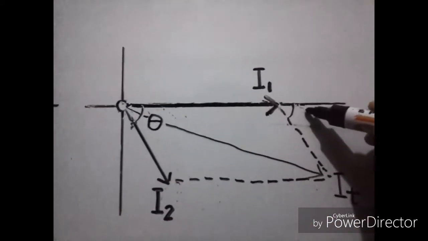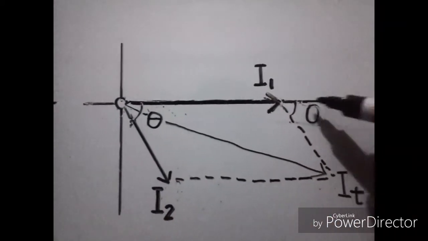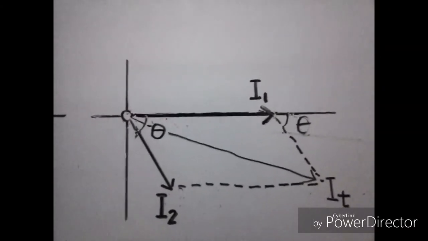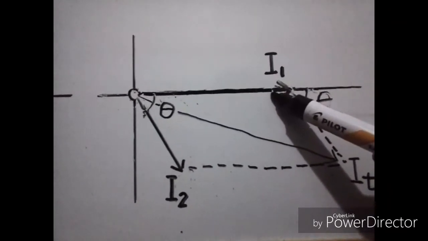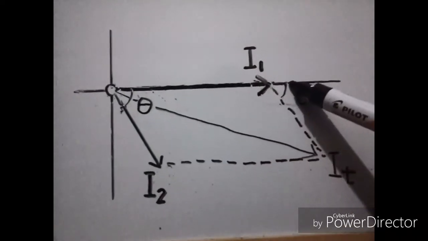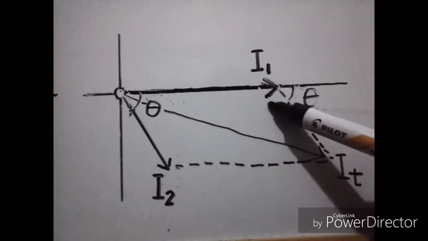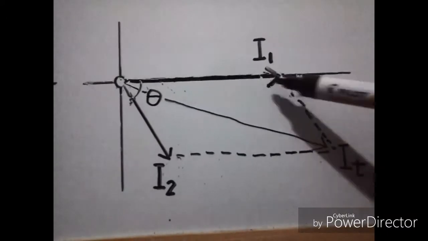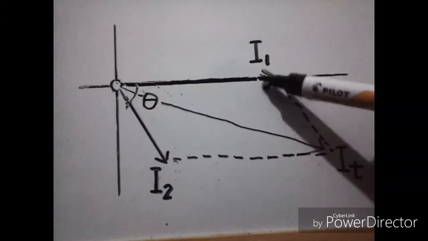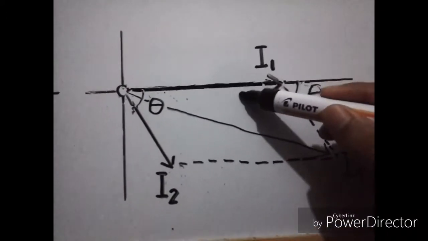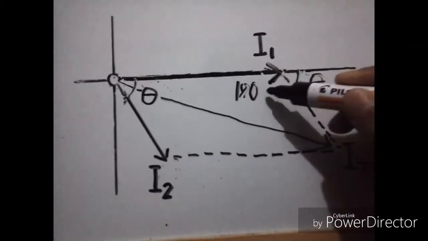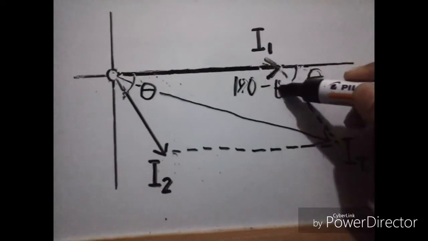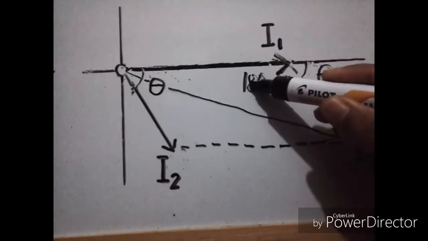So we name this as theta since they're equal. This straight line forms a 180-degree angle. So inside of this is 180 minus theta, right?